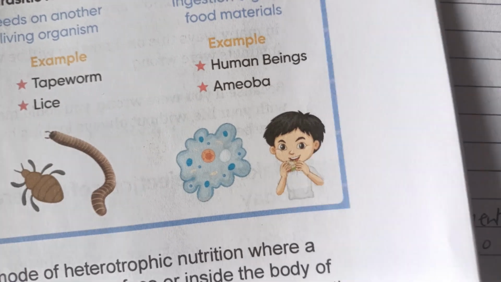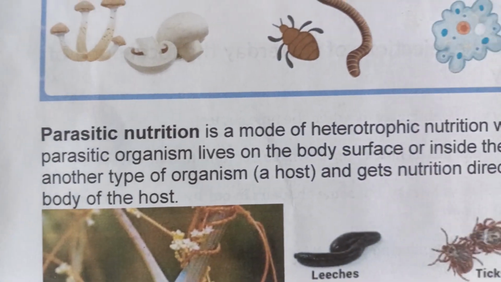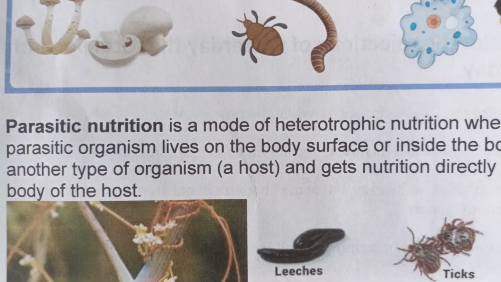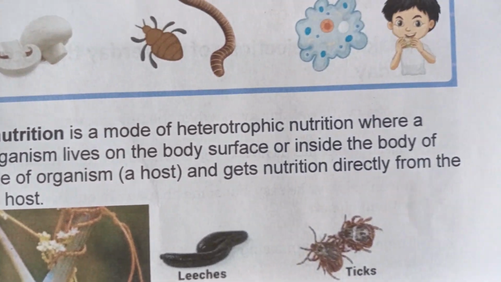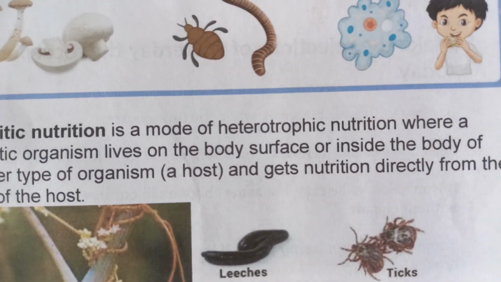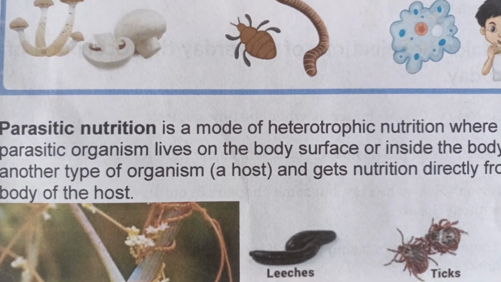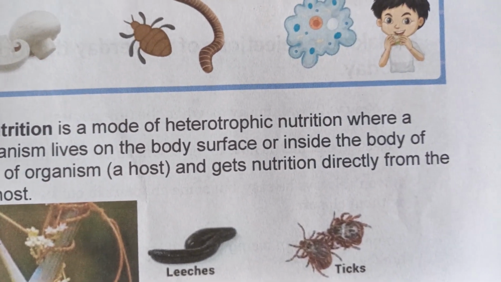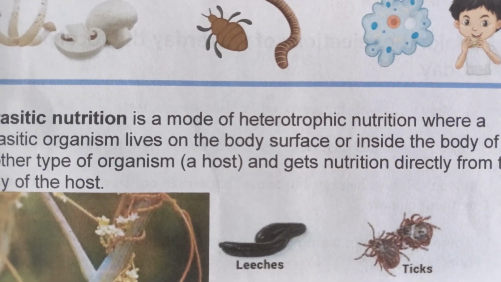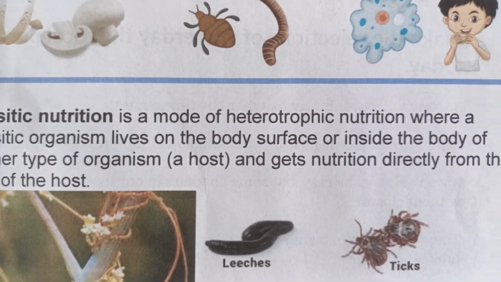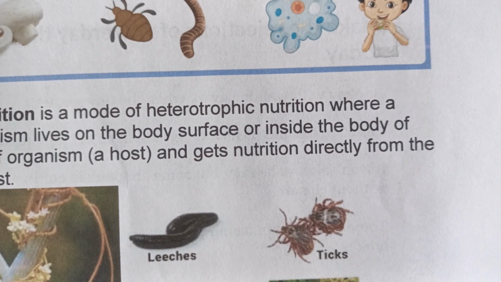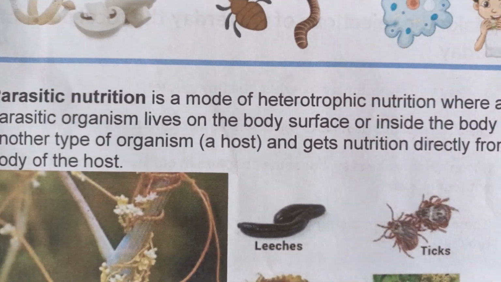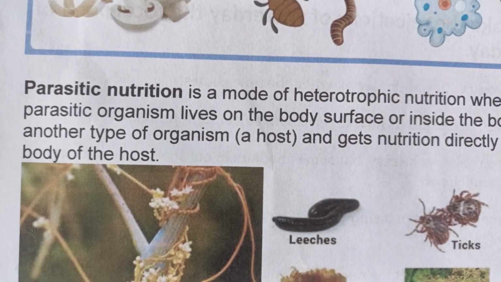Parasitic nutrition, which I just mentioned, is a mode of heterotrophic nutrition where a parasitic organism lives on the body's surface or inside the body of the host and gets nutrition directly from the body of the host.